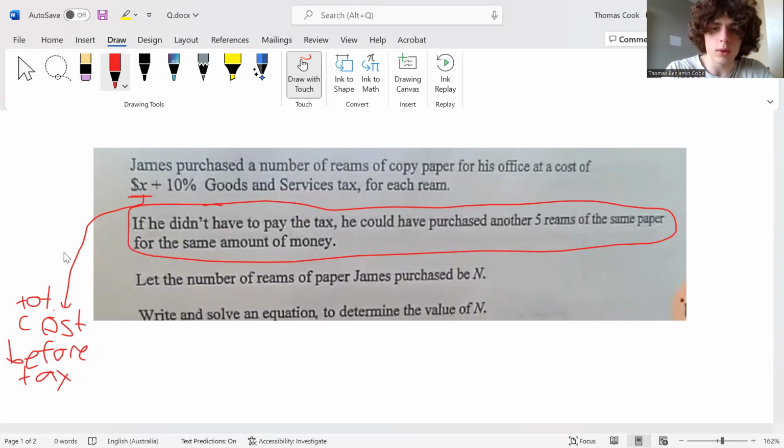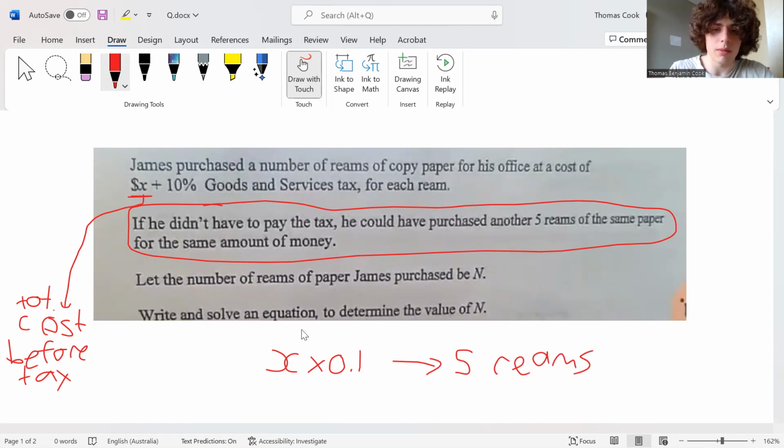What it's saying is, if he didn't have to pay the tax, the value of his tax money, x times 0.1, that's 10% of x, could have purchased him 5 reams.